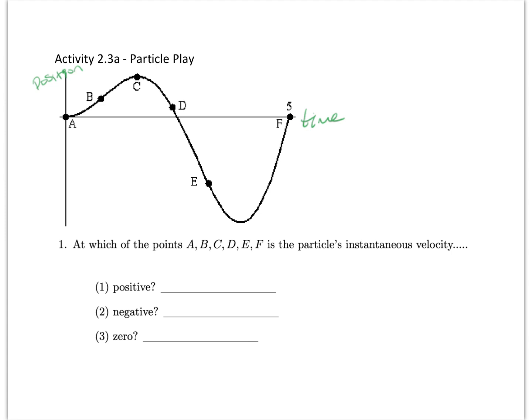At which of the points A, B, C, D, E, and F is the particle's instantaneous velocity positive, negative, and zero? So remember, instantaneous velocity, or instantaneous rate of change, is the slope of a tangent line. So if I draw a tangent line at each of these points, those slopes tell me the instantaneous velocity.